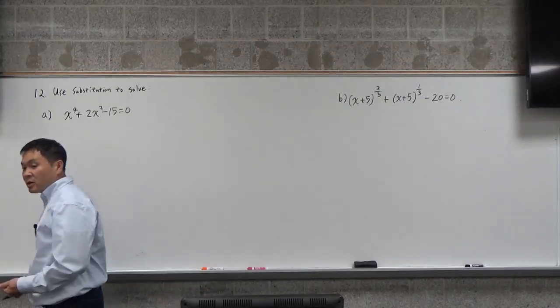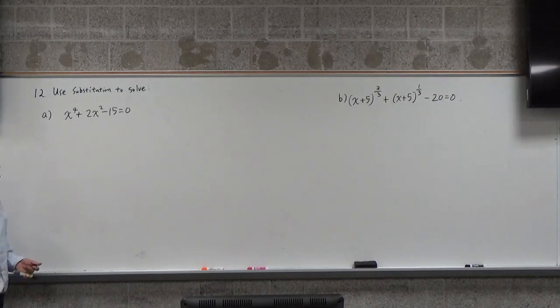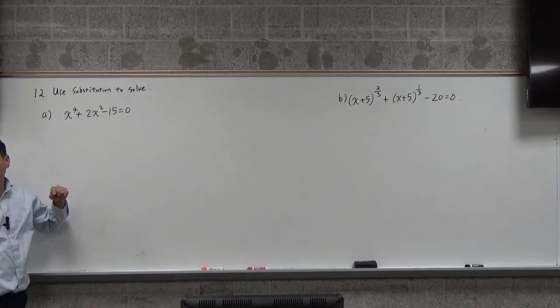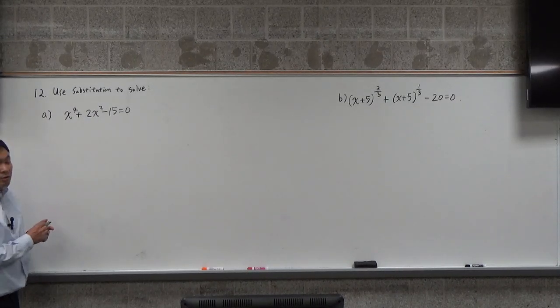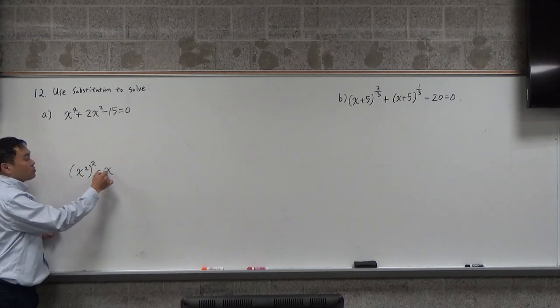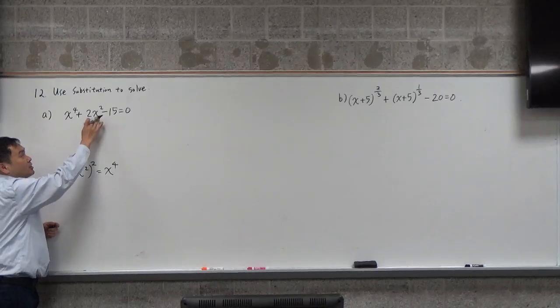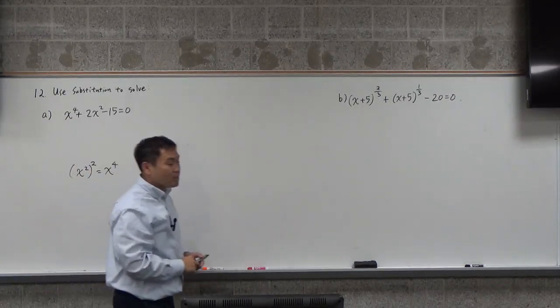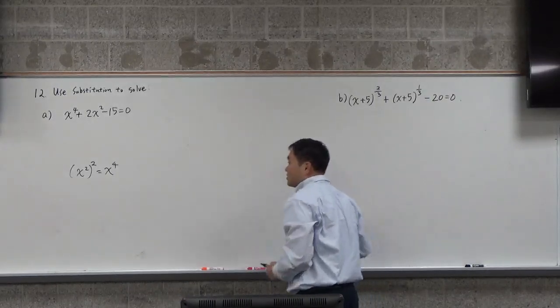So we need to do some kind of a change of variables here. And the hint here is that if you have x squared, what do you get if you square x squared? What's the square of x squared? X to the 4th, right? So if you take this and you square it, you get x to the 4th. That's a hint, okay?